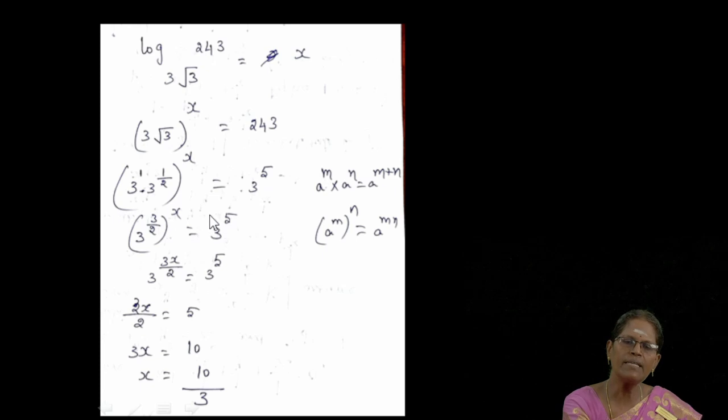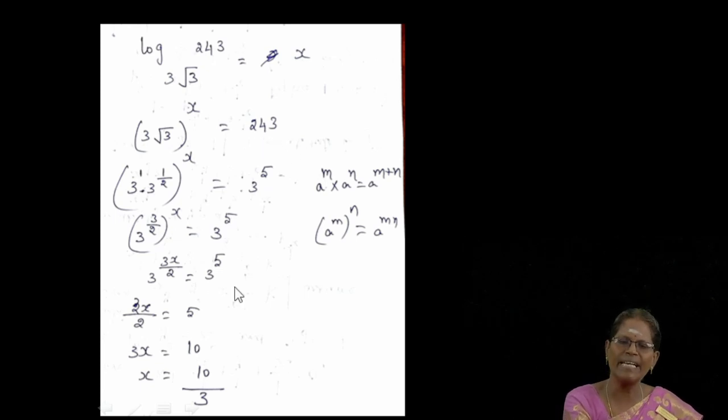Now this is in the format of a to the power m the whole power n. So it is written as 3 to the power 3x by 2. Coming to the right side, here we are having 243, but in the left hand side we are having the base only 3. So this 243 should be converted into a number with base 3. So 3 into 3 into 3 into 3 into 3, we are getting 3 to the 5, the answer is 243.